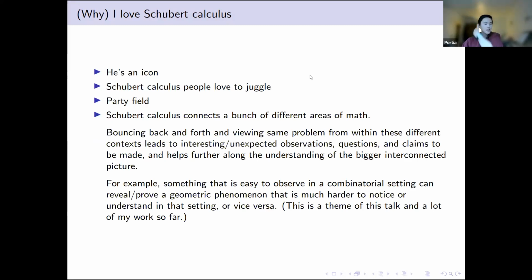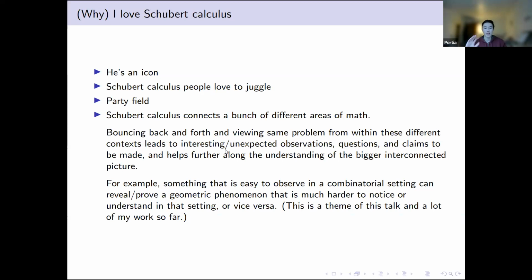Okay. Here's another reason. Schubert calculus connects a bunch of different areas of math. And this is actually mathematically why I like it. I had kind of an awakening of Schubert calculus over the summer, because I had been doing it for years, but then I had a born again moment. Mostly it was the first 3 bullet points, but this one is also there. I like Schubert calculus because it connects different areas like geometry and combinatorics, and I'm pretty sure representation theory is definitely in there, but I'm not really sure because I never understand representation theory.